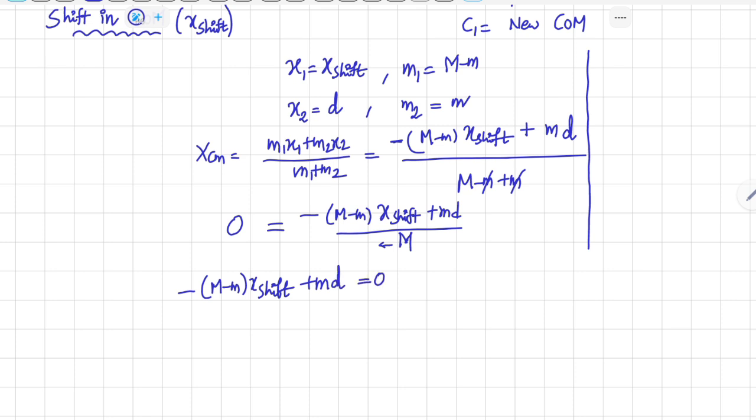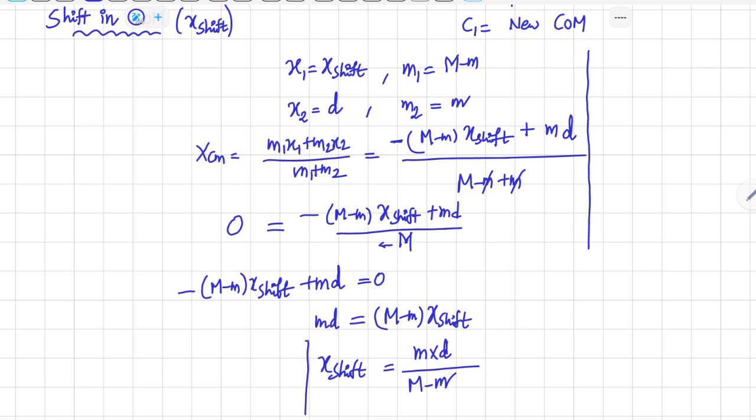When you send the negative term to the other side, it will be positive, therefore m into d is equal to capital M minus small m into x shift. Therefore, what is the formula for x shift? x shift is equal to m into d by capital M minus small m. So this is the final formula for shift in center of mass.